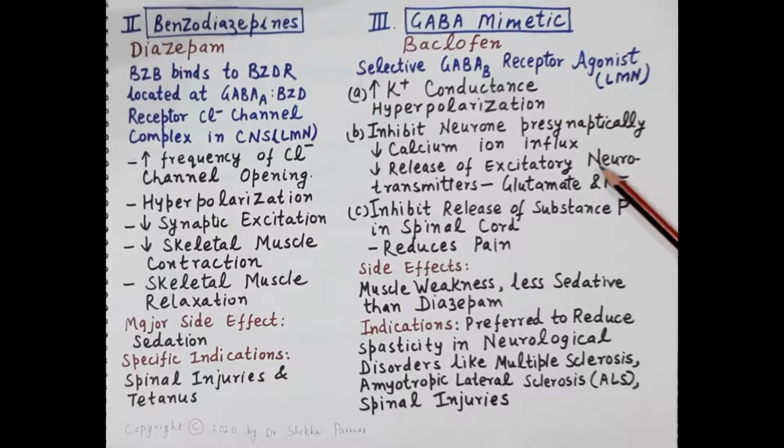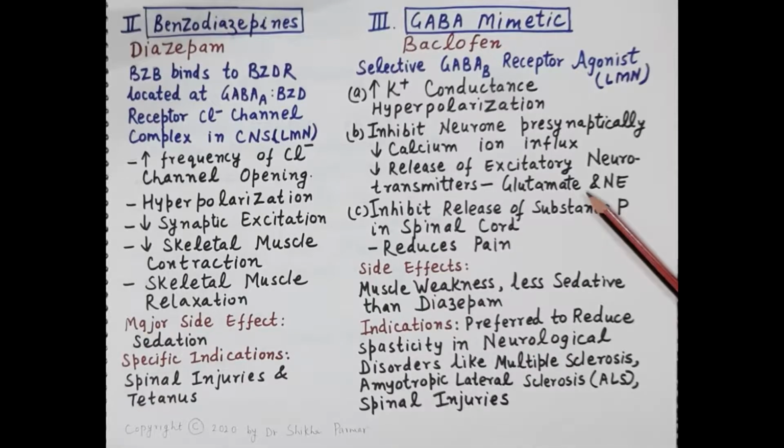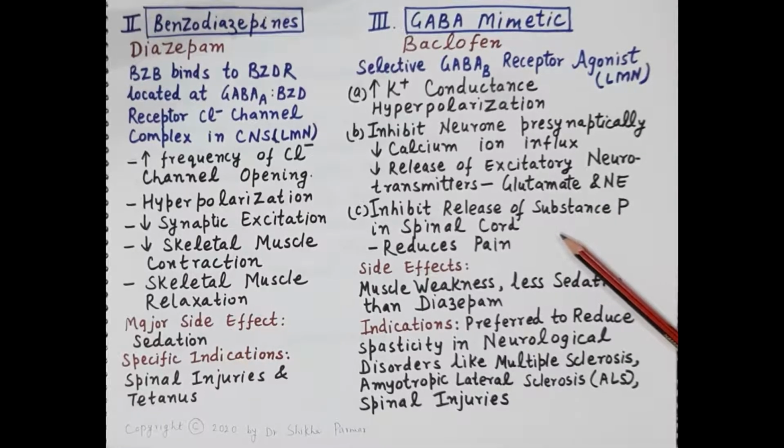It inhibits the neuron presynaptically. It inhibits the influx of calcium in the upper motor neuron that causes reduced release of excitatory neurotransmitter, that is glutamate and norepinephrine from the upper motor neuron, which is responsible for the reduced excitation of lower motor neuron, and it also inhibits release of substance P in the spinal cord, which is responsible for the reduced pain.